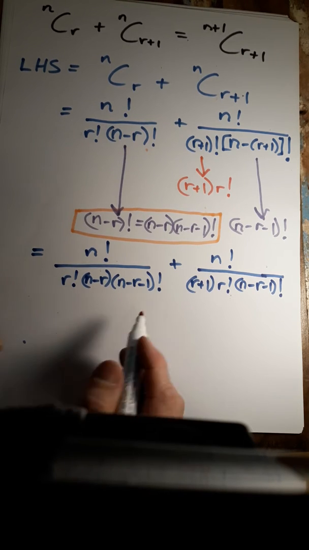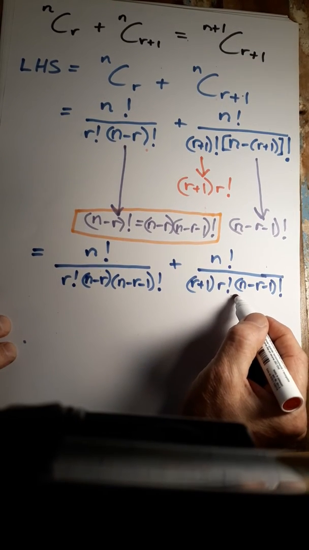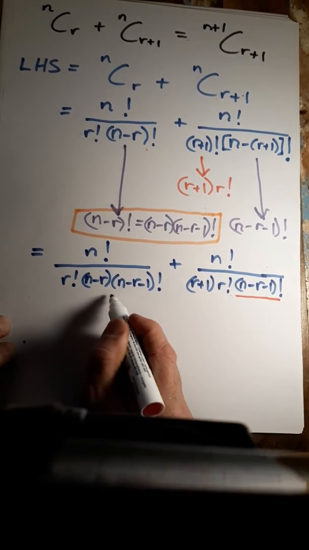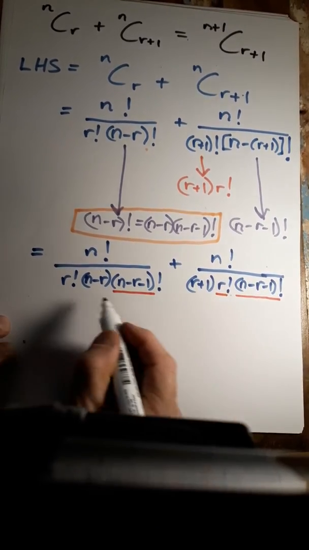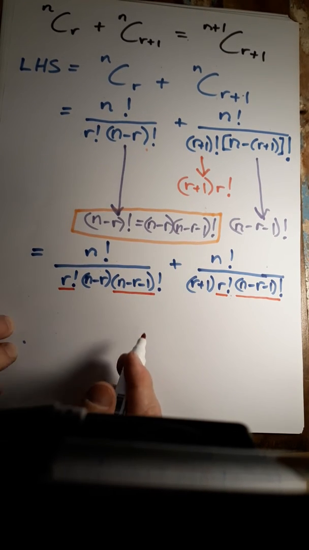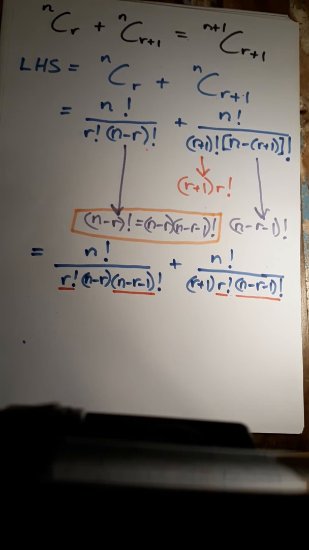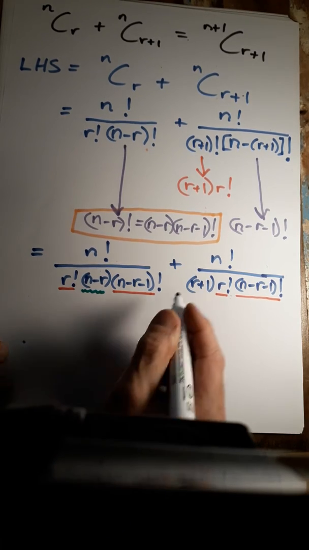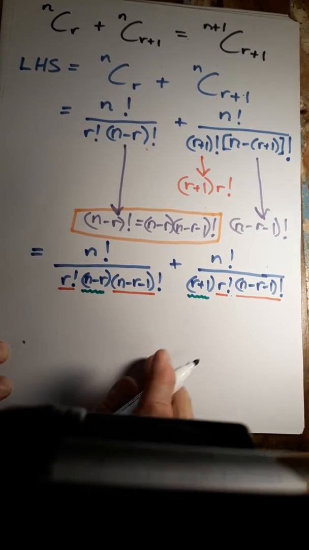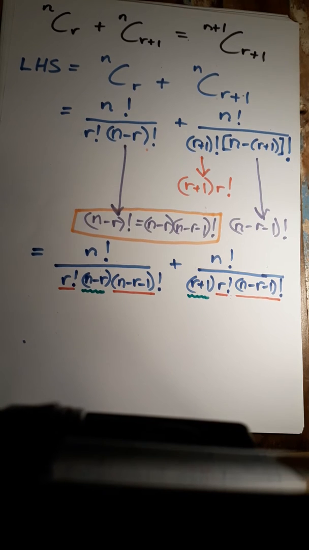Each of the denominators already has that in it. Each of them already has that in it. So what we need to do is make sure that both denominators have that and both denominators have that, and then we can have a common denominator.